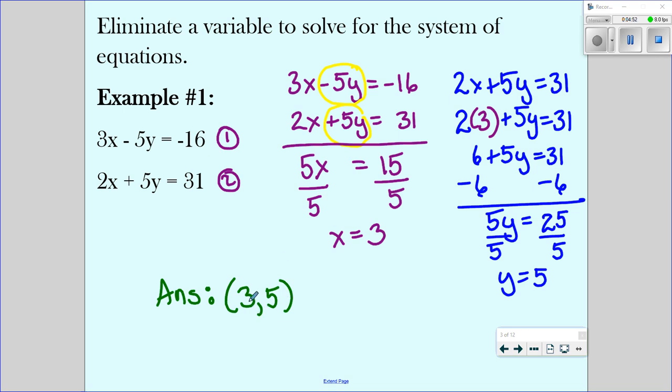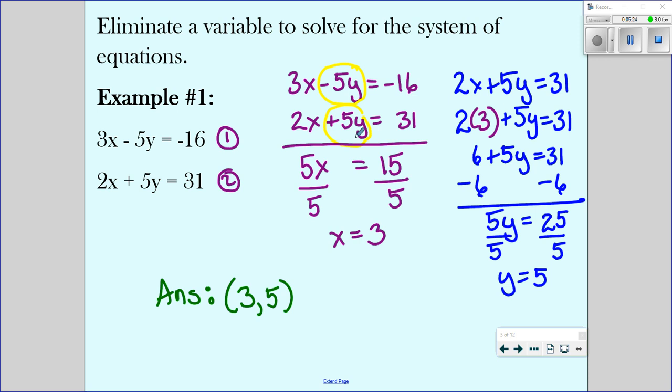So that means this point will be on the first equation, and it'll also be on the second equation. So this is what both of these two lines share in common. You remember when we did graphing, how we graphed the lines, and where they intersect would be the solution. This is the solution, but without doing it with graphing, we did it by solving by elimination.